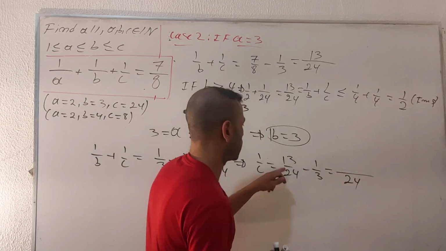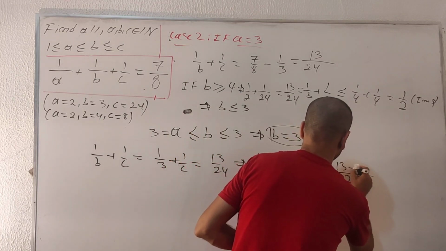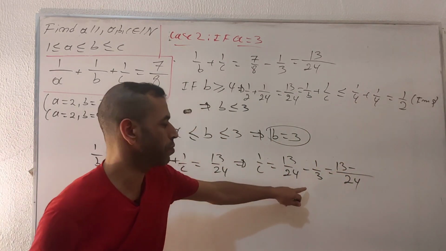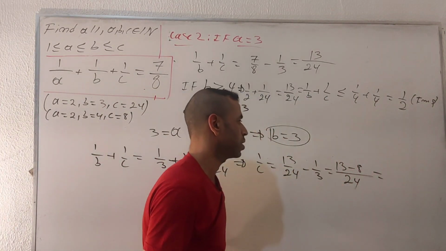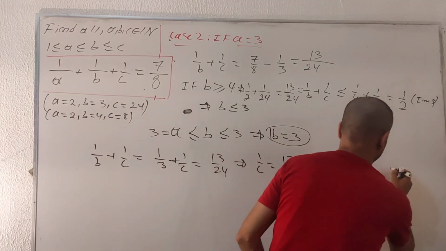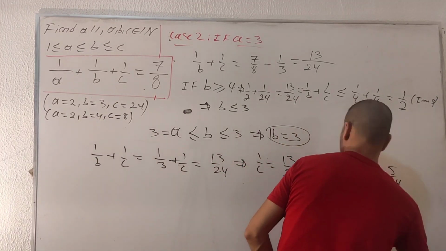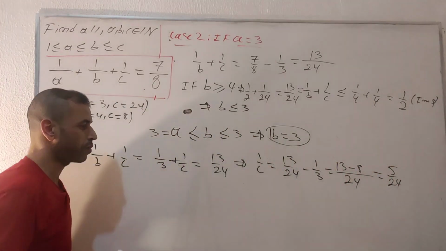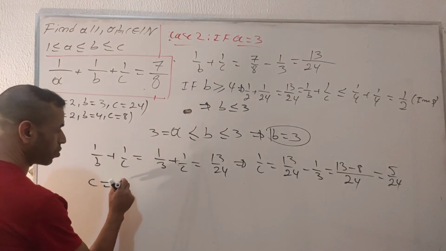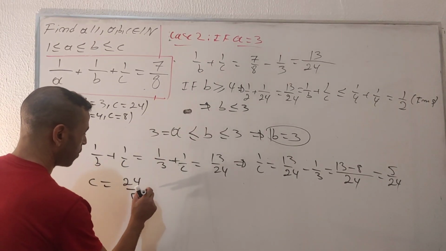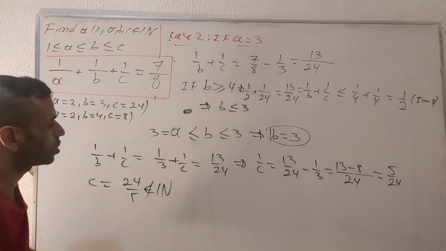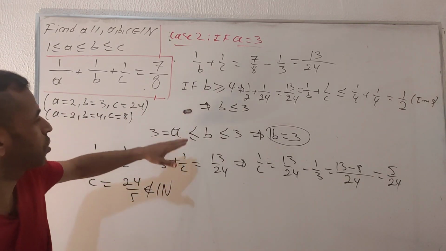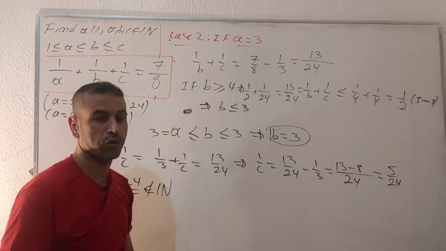This one was multiplied by 1, so 13 stays, and this one must be multiplied by 6. So 13 minus 6 is 7 over 24. If I take the inverse of that number, I get c equals 24 over 7. But this one is not an integer, which means it's impossible to have a solution for this case. For a equals 3, we have no solutions.